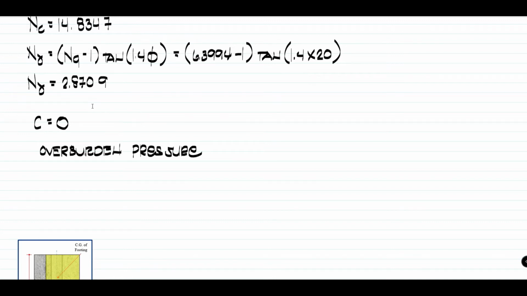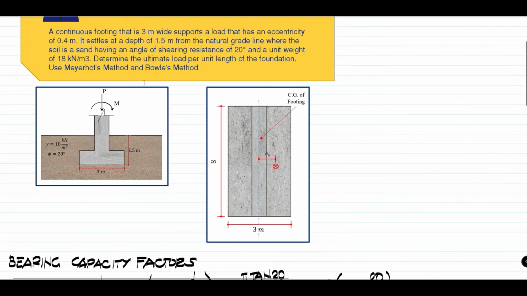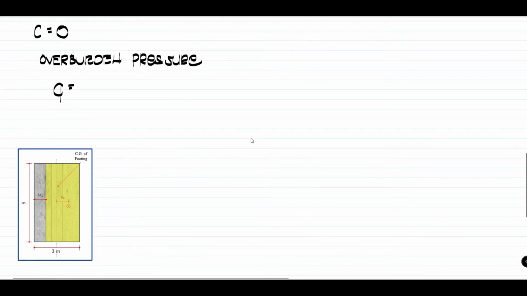So, since kukunin natin yung overburden pressure, so that is a q value. So, kung ano man yung nasa ibabaw ng base ng footing natin, yun yung part ng overburden. So, ang nasa ibabaw lang niya, kung titignan natin dito, is the soil na sand. So, we'll just get the unit weight times the depth of the footing. So, that is just gamma times Df.